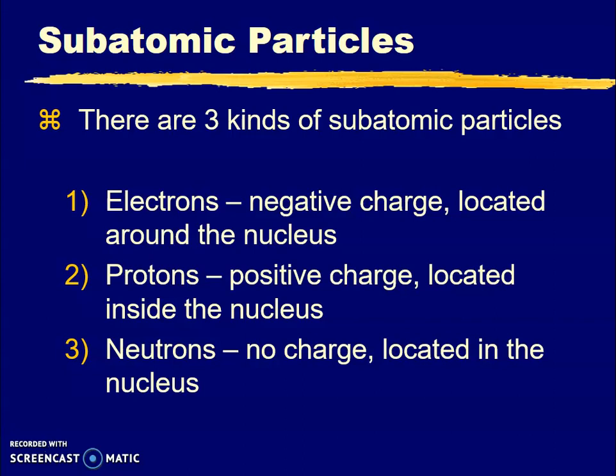Okay? Electrons have a negative charge, so their electrical charge is negative. These are located around the outside of the nucleus. They're in constant motion outside of the nucleus. Inside of the nucleus, you have protons and neutrons. Protons have a positive charge.